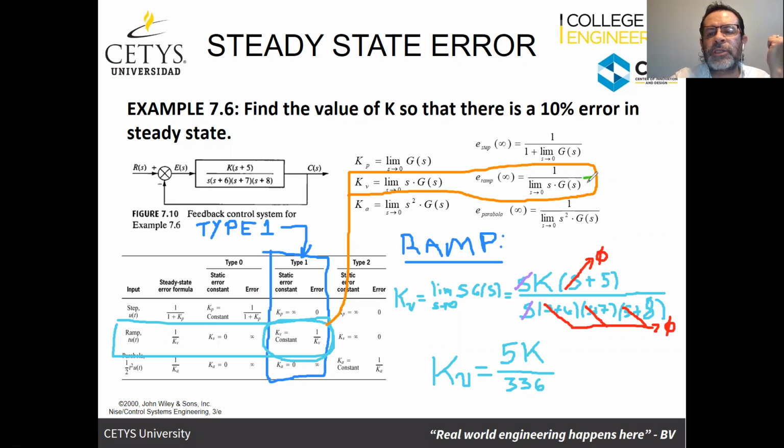This expression is going to be equal to 1 divided by KV. And how much should that error be, according to what we're being told? It should be 10%. So in this case, the error should be 0.1.